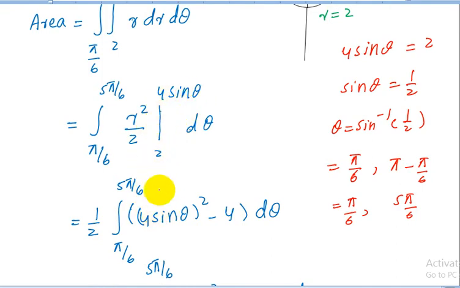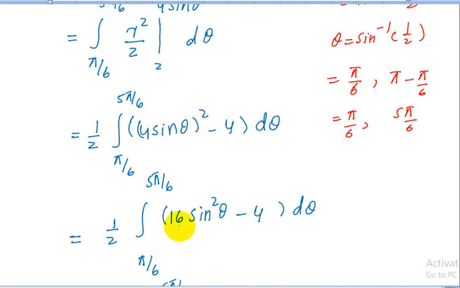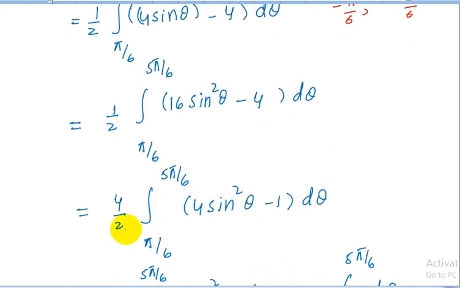So putting first r equal to 4 sine theta, minus 2 squared, which is equal to 4. So it becomes 1 upon 2 times the integral of 16 sine squared theta minus 4, d theta. Next step, by taking 4 common, we can write it as 4 upon 2 times the integral from pi by 6 to 5 pi by 6 of 4 sine squared theta minus 1.